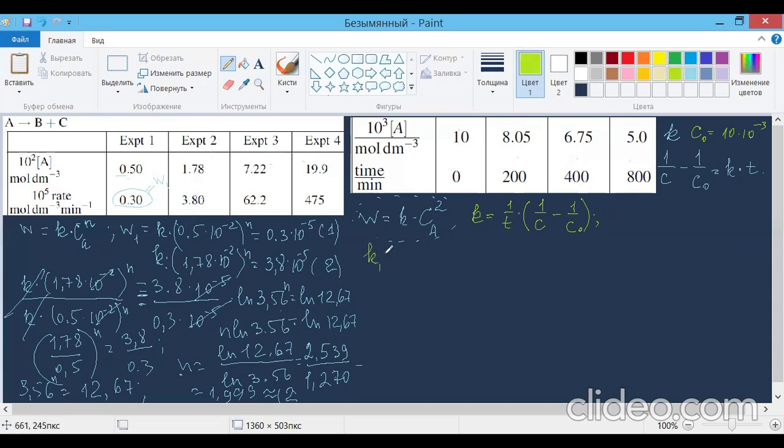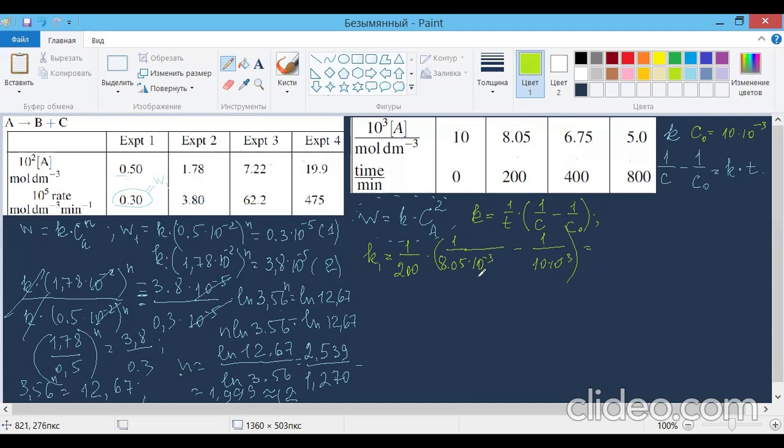So k1 is equal to, instead of t, we write 200, then C, the concentration of the reagent A at time 200, is equal to 8.05 times 10 raised to minus 3.